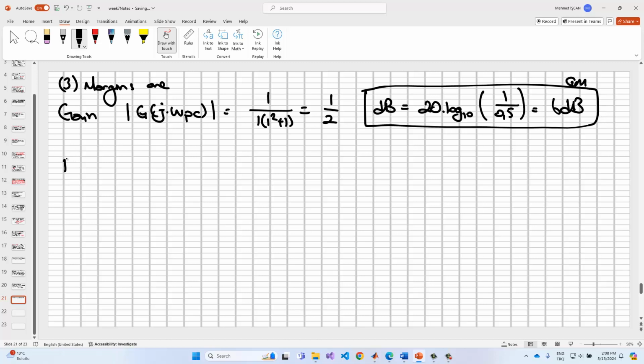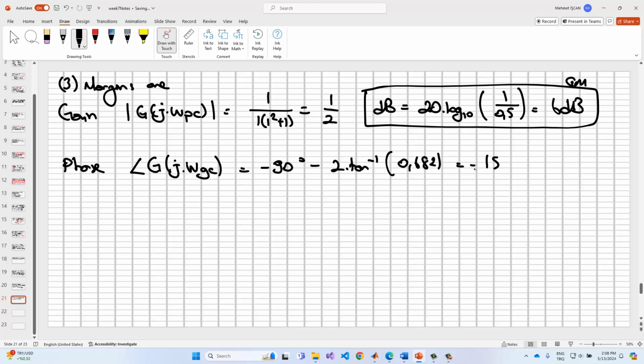And so also we have the phase margin here. The phase margin can be calculated with G(jωGC), the gain crossover frequency. And so minus 90 degrees minus 2 arctan of 0.682, and so this equals minus 158.52 degrees.